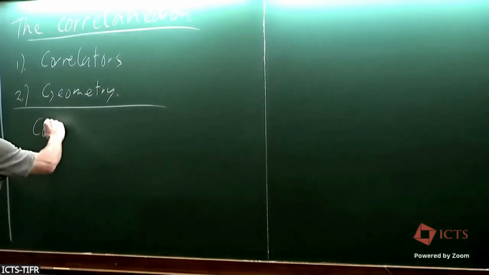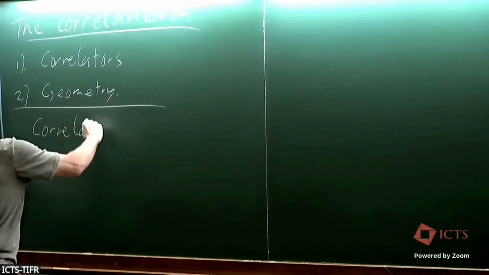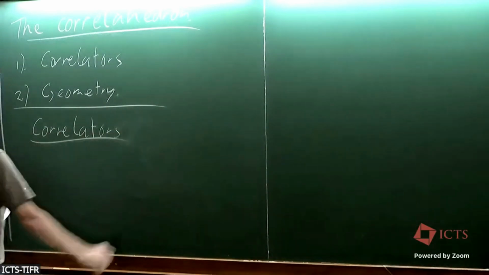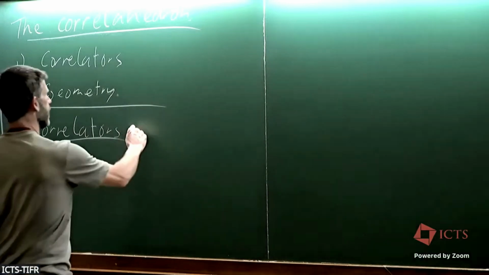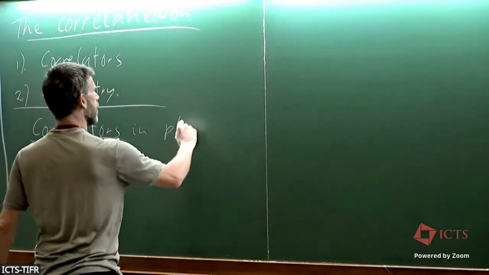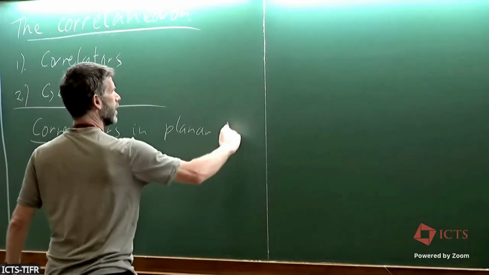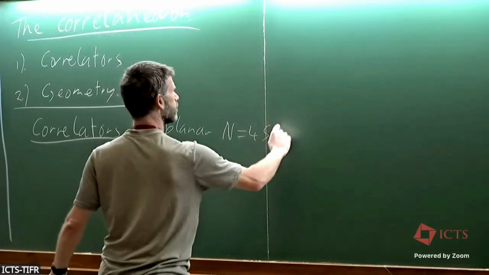First of all, let me give a bit of motivation for what we're talking about. So I'm going to talk about correlators or correlation functions in everybody's favorite planar N=4 super Yang-Mills.